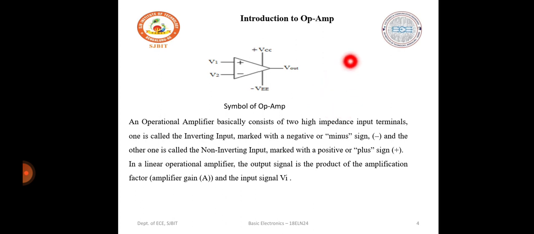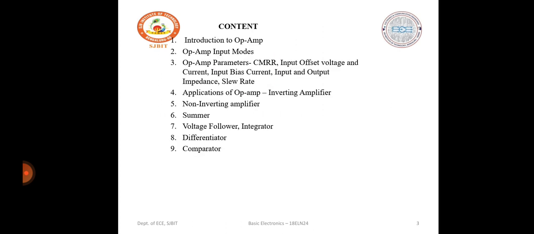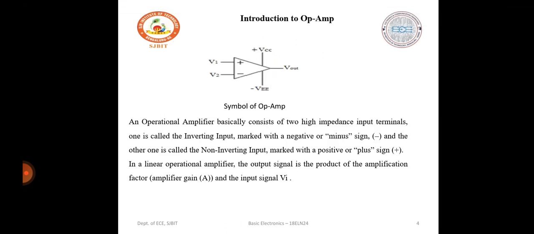The symbol of the op-amp is as shown here. It consists of a triangle, which indicates the direction of signal flow. All op-amps have a minimum of 5 terminals.